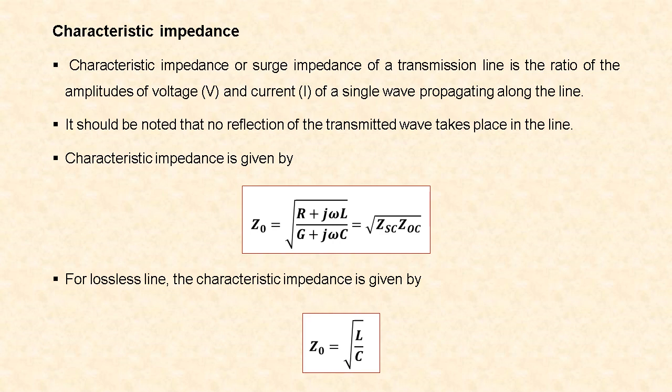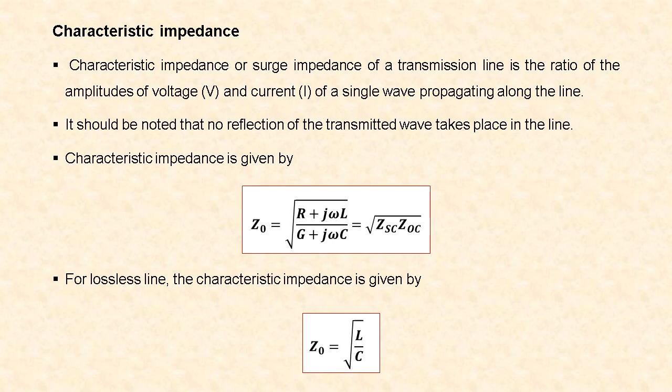Next, characteristic impedance. It is also called the surge impedance of a transmission line. It is the ratio of amplitude of voltage and current of a single wave propagating along the line when no reflection of the transmitted wave takes place in the line.